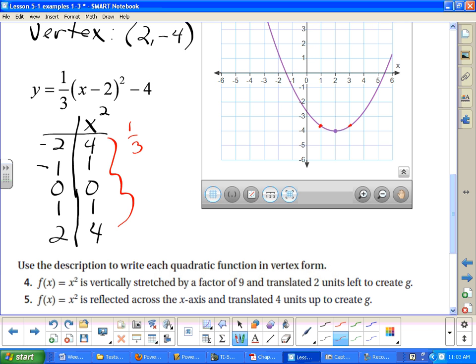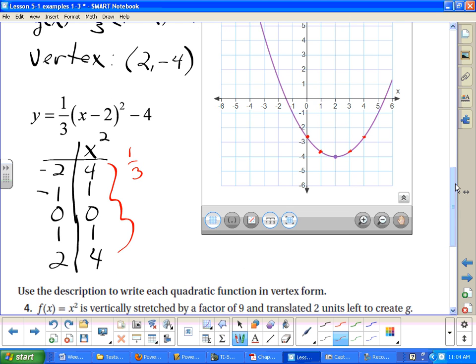If I go over 2, then instead of going up 4, I'm going to go up 1 1/3, or 4/3, which is here and here. So when I use these numbers for x squared, I'm actually using them from the vertex. So I'm taking the vertex and going over 1 or over 2 or over 3, whatever you want to use.